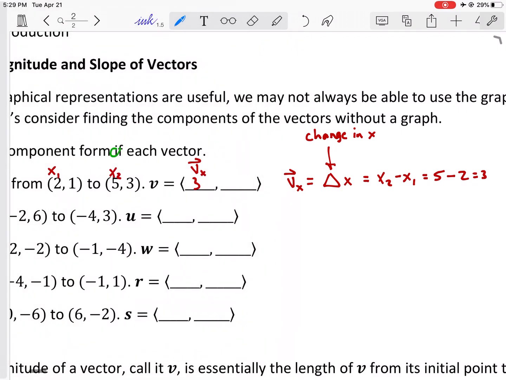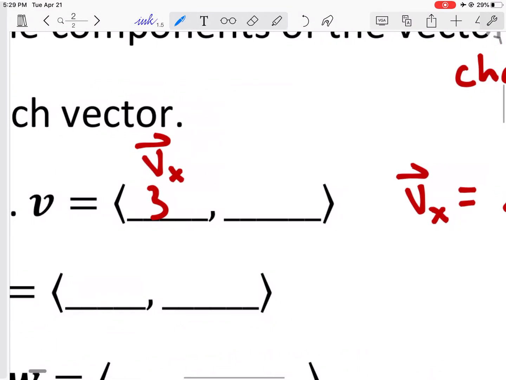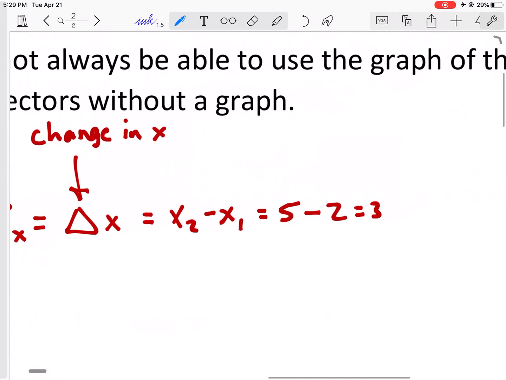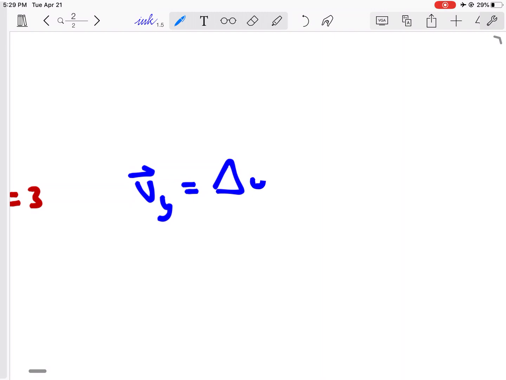Same thing applies for our vertical component. Find the vertical component. Instead of the change in x, this should just be the change in the y direction.